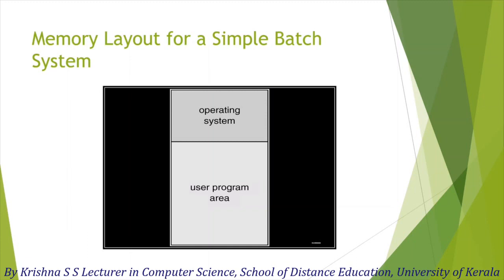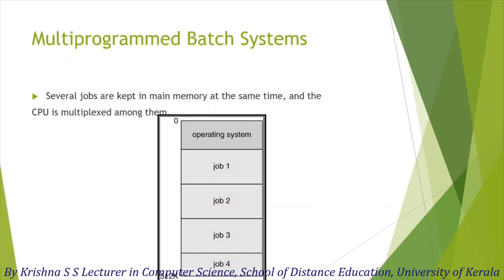Then we got disk technology. Disk technology allowed the operating system to keep all jobs on a disk rather than in a serial card reader. We can keep the jobs on disk, so we will get access to different types of jobs at the same time. So there is a job scheduling requirement on behalf of the operating system.